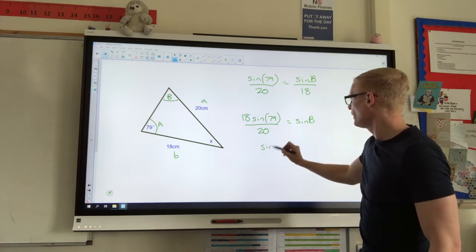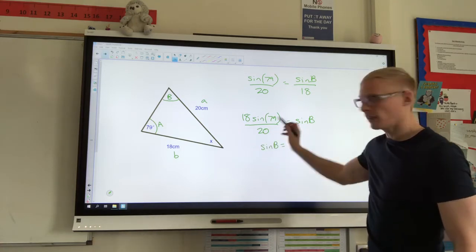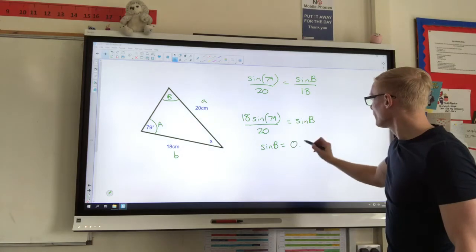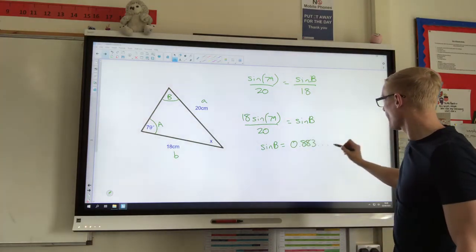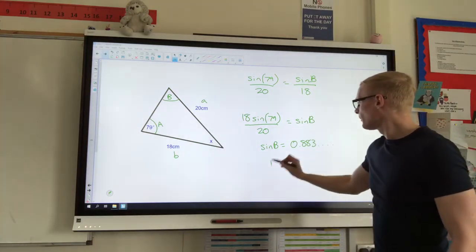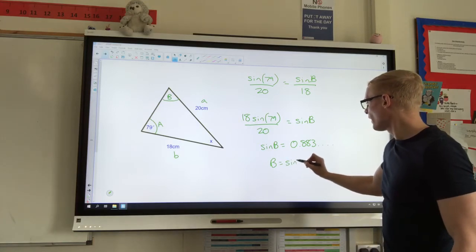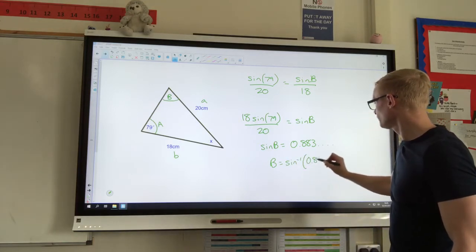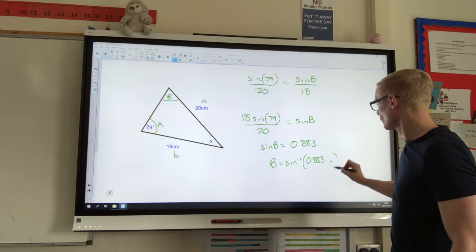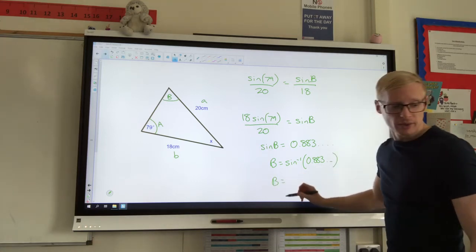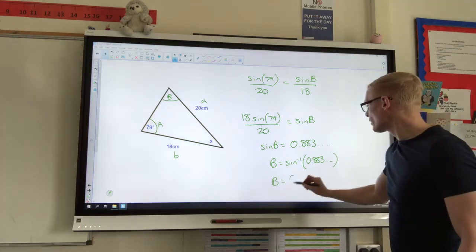So sine b, when we type that into our calculator, we get 0.883. Keep that in your calculator. Sine to the minus 1 of that number gets you 62.06.